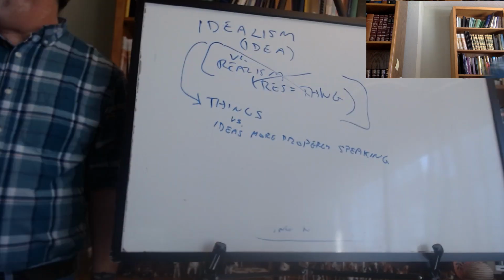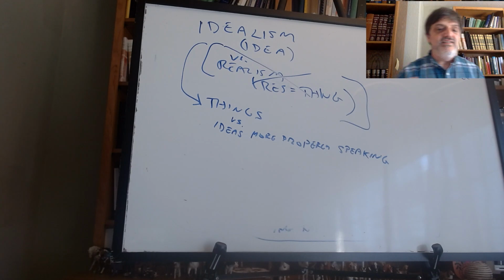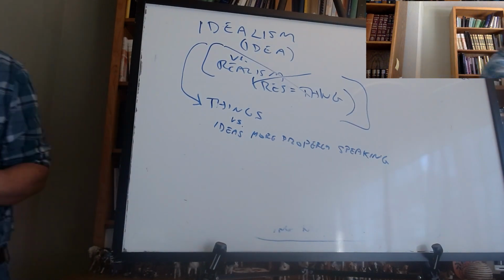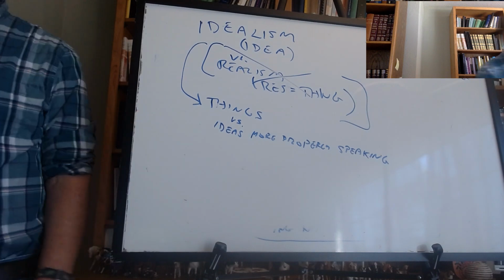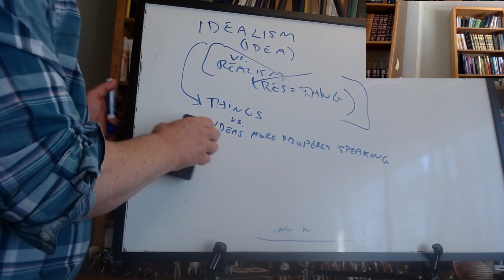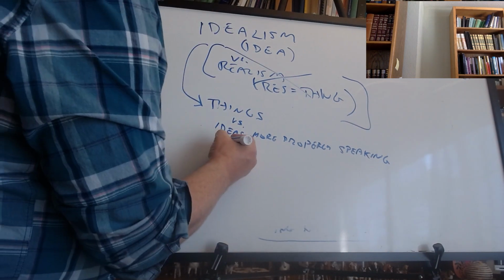Right, by which he means that in its broad sense, idea covers both of these, but that it also has a specialized meaning that only refers to these. That is, to ideas that aren't also things.